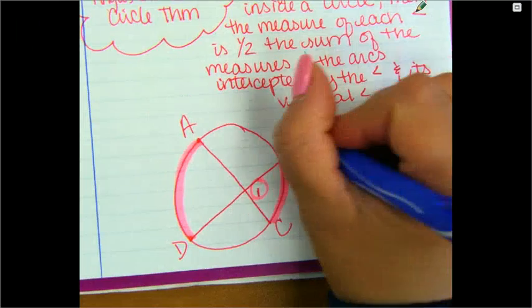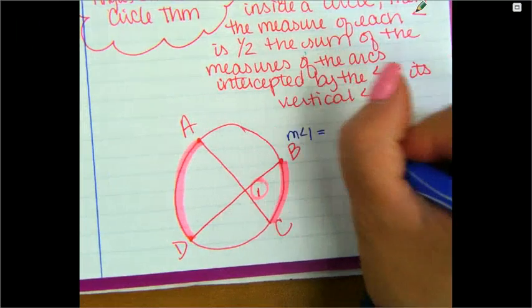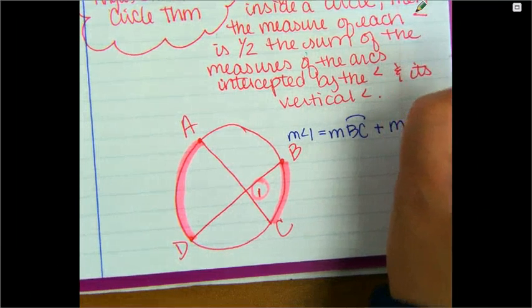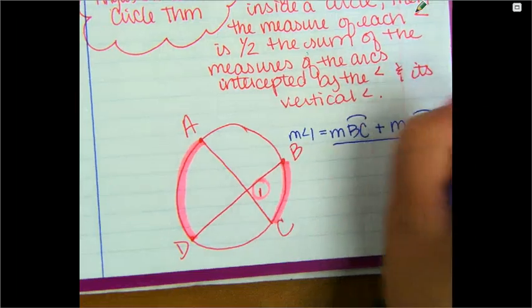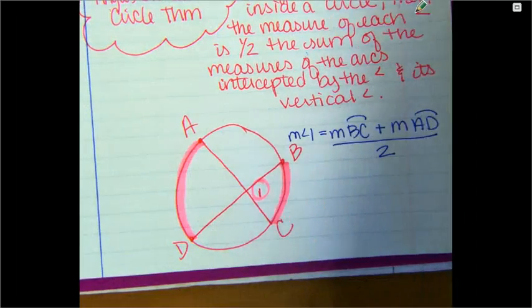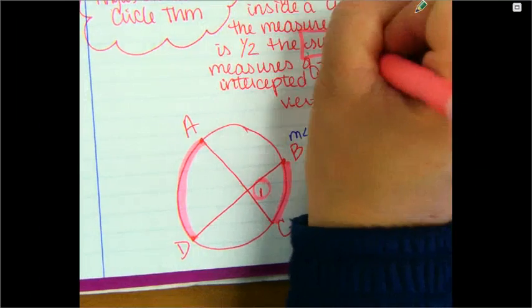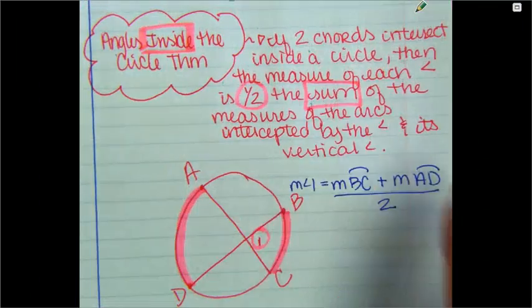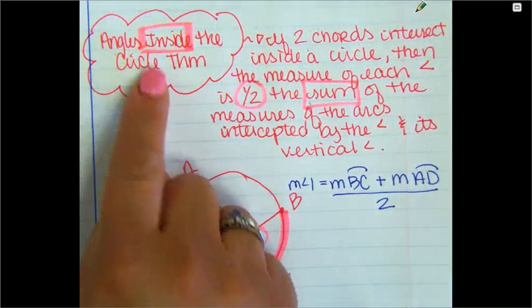The measure of angle 1 equals the measure of arc BC plus the measure of arc AD divided by what? 2. Keyword in this problem: sum, half, inside. You should know that sum goes with inside.